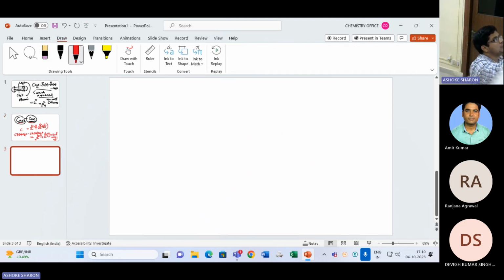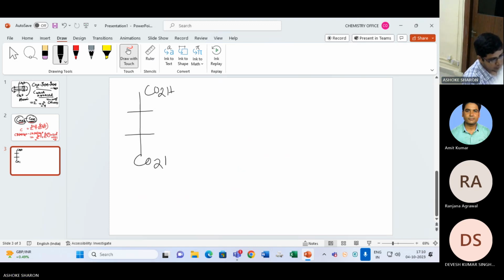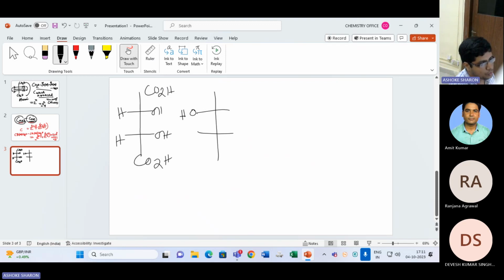Already all of you have seen one of them. Which one? CO2H, CO2H, with H OH, H OH. This is the classical one. This is a meso compound. Another is possible: OH, OH, H, H, CO2H, CO2H.